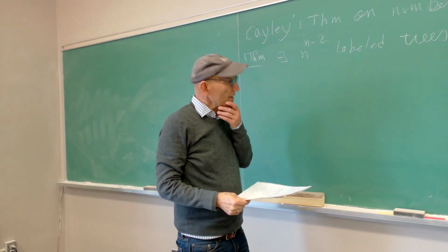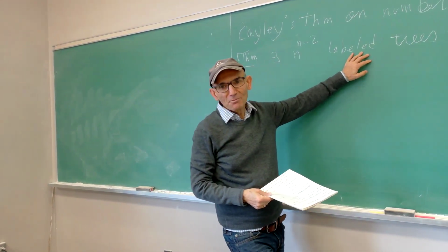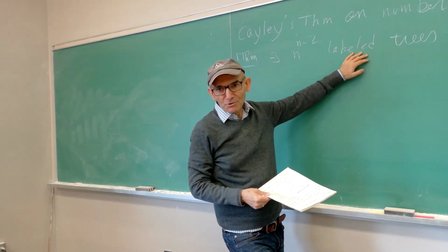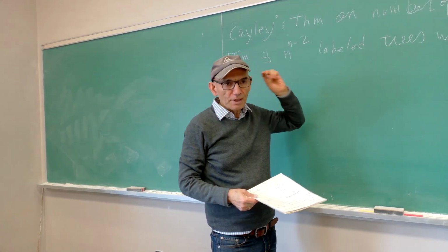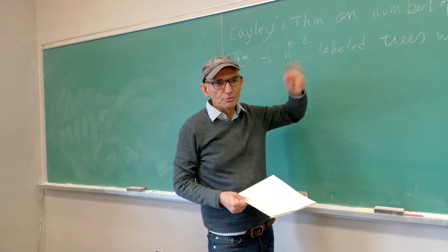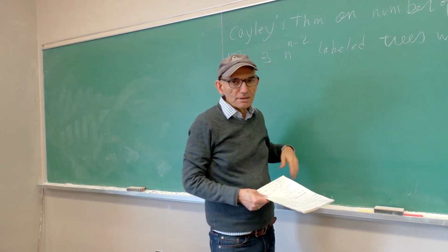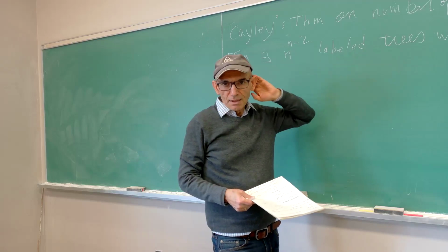There are actually many proofs of this, by the way. Many proofs. One proof is beautiful: you put this into one-to-one correspondence with the set of sequences of numbers from 1, 2 up to n minus 2. So there's a kind of Prüfer coding of the tree.